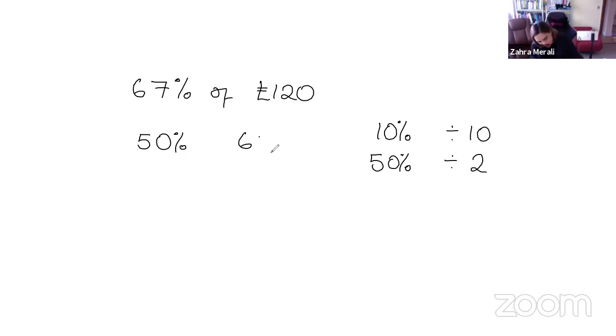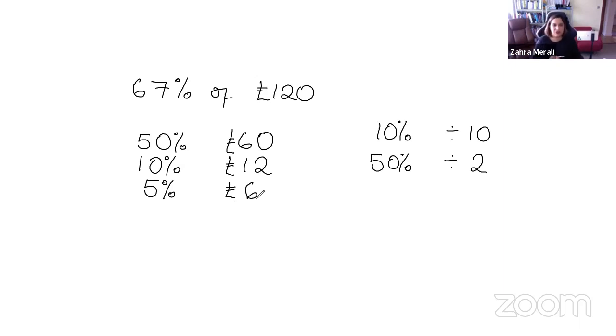So 50% gives me 60. 10% we know is getting rid of that 0 is 12. 5% is going to be half of 10%. So 5% is going to be the same as £6.